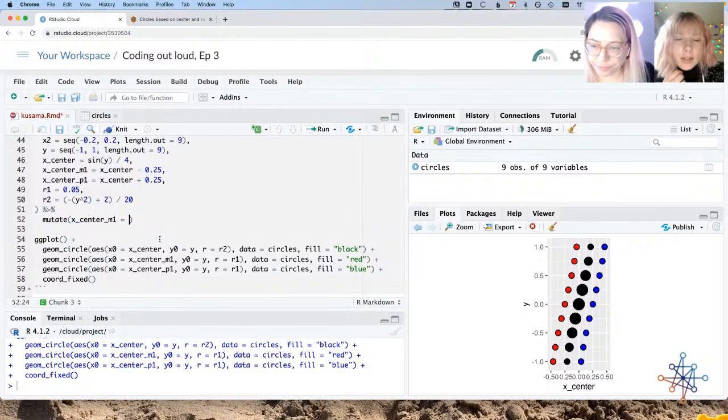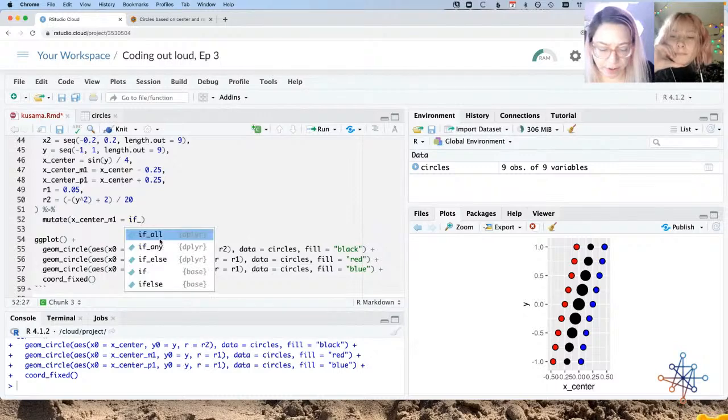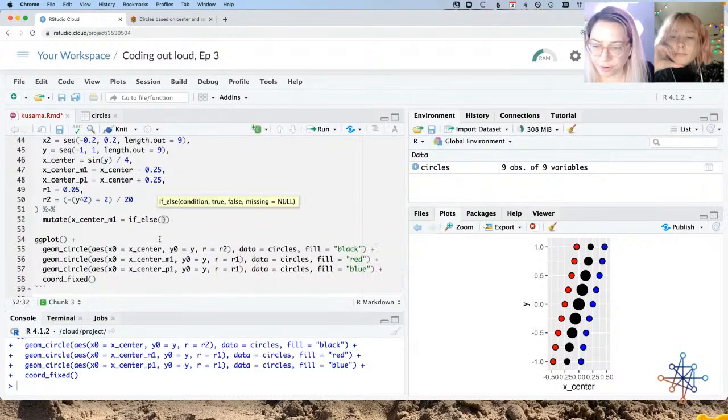In this case, I'm thinking we want to shift it to the right, closer to X center. So maybe the simplest way would be to just add a small amount to it, but we could also make it the average, or the mean, of the X coordinate for the center and its original self. Yeah.